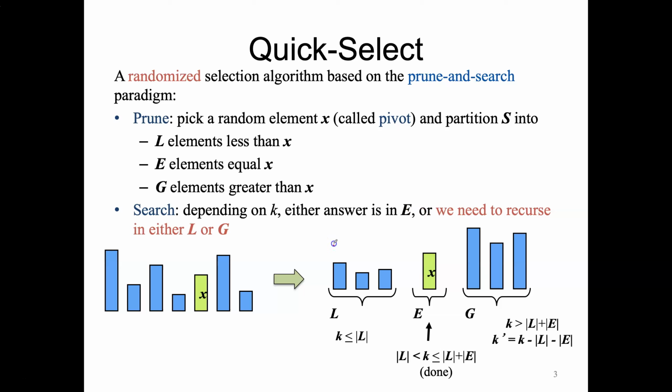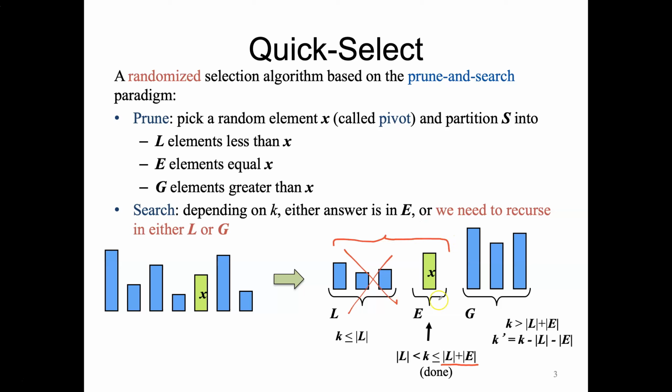If we add together how many items are combined in both L and E, so this is the size of L plus the size of E, and K falls somewhere in between, where K is larger than however many items we have in L, so we know it's not in L, but it's no more than however many items we have combined between them.